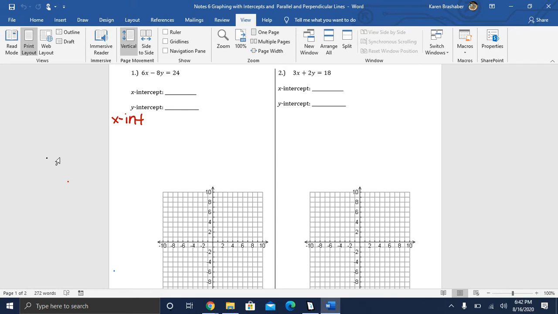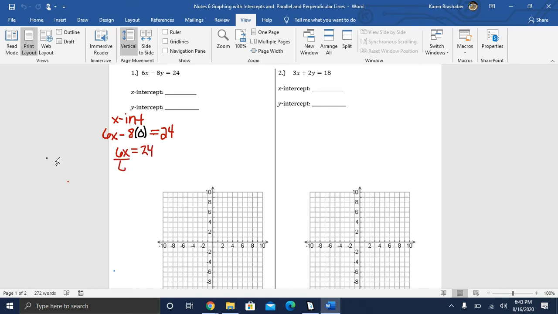We'll replace the y with a 0. 6x minus 8 times 0 equals 24. The 8 times 0 is 0. I don't need that. I have 6x equals 24.